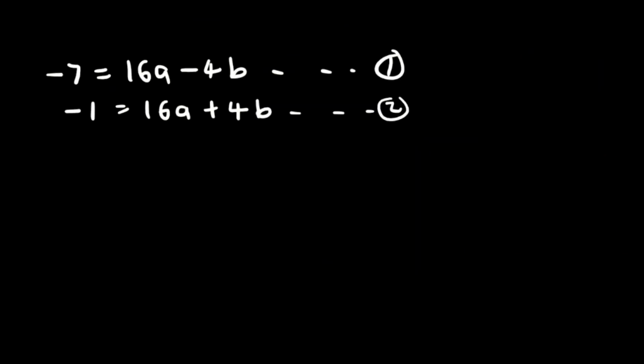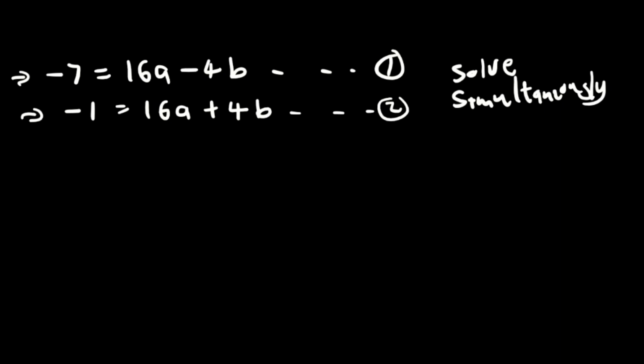So now that we have both our equations, equation 1 and equation 2, we're going to establish equation 3. So you're going to solve simultaneously, right? For x and y, we used to say x and y, but in this case, it's a and b. So now we're going to find our equation 3.